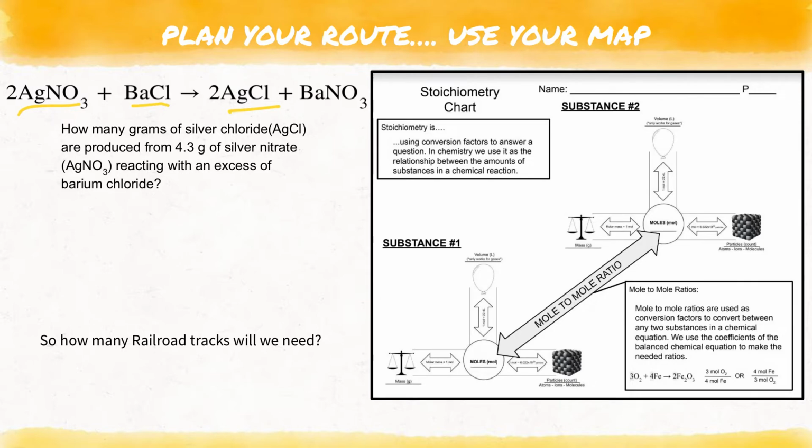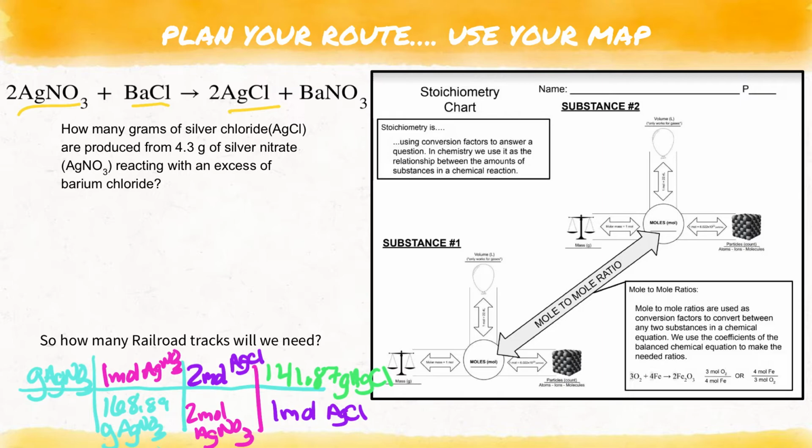So first thing is, how many railroad tracks do we need? So we will need 1, 2, 3, 4 railroad tracks, or 3 lines in it, because we're going to use our given, our 4.3 grams of silver nitrate. So 4.3, and then we have to multiply it by its molar mass.